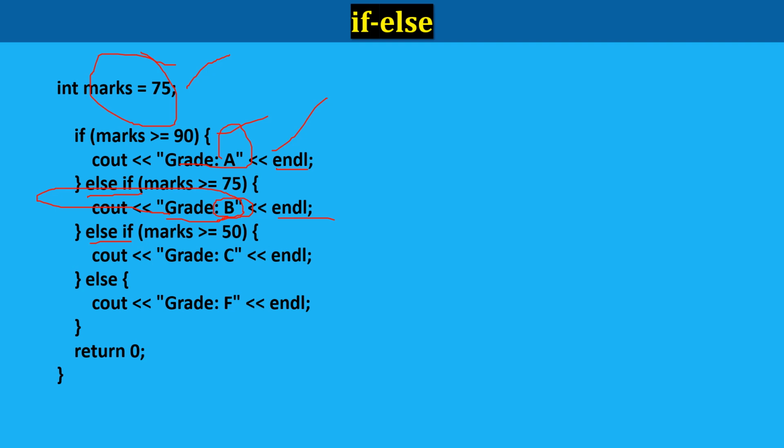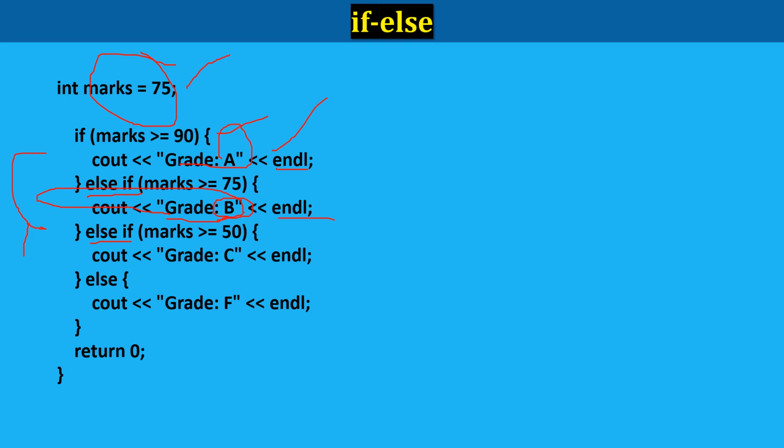If the two conditions, marks more than or equal to 90 and marks more than or equal to 75, are false, the program checks this condition. This else if block checks whether marks is greater than or equal to 50.